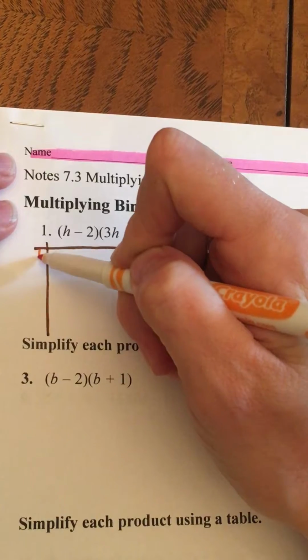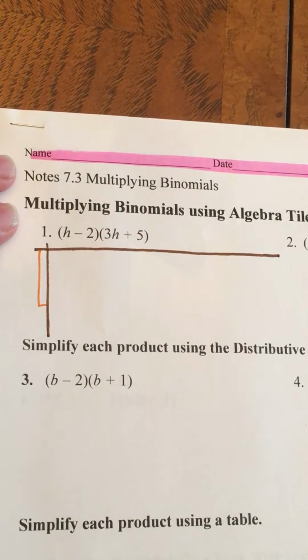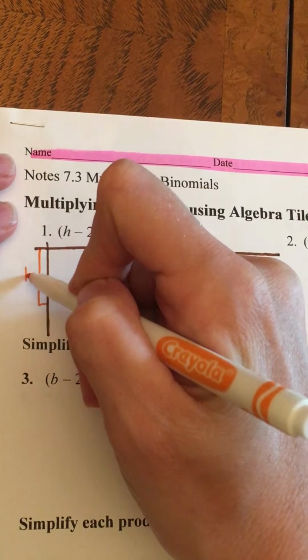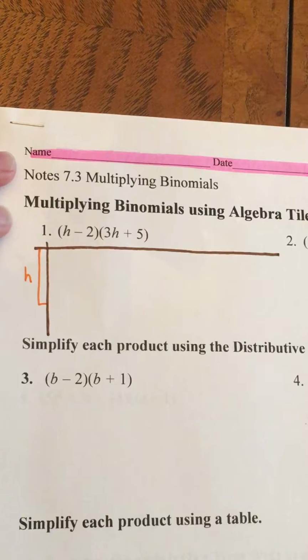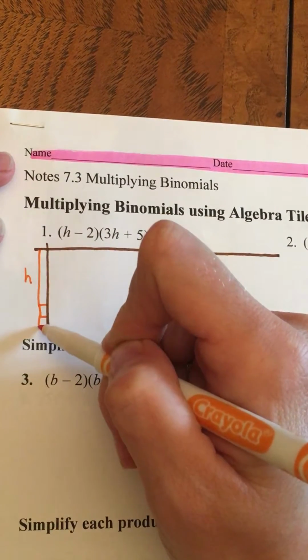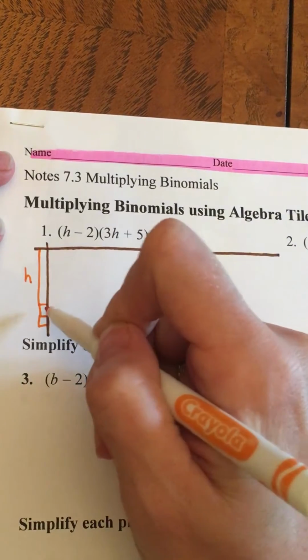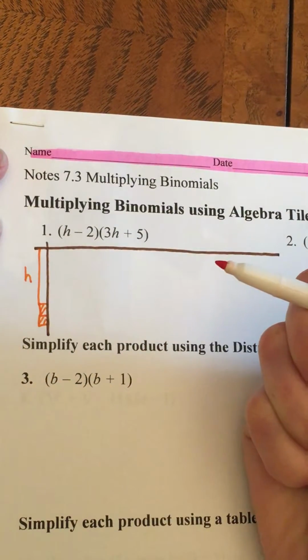So 1 long stick for the h. We can label that. And then 2 small baby boxes, 1, 2. And we shade them ever so slightly.